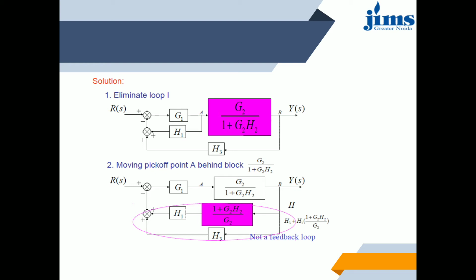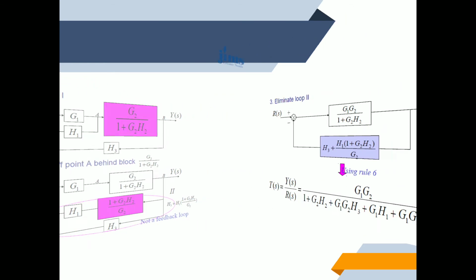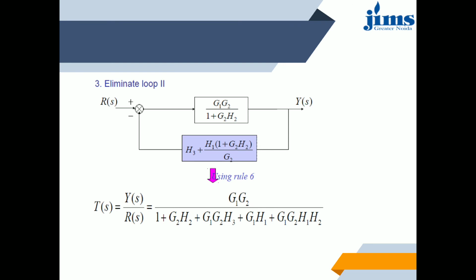When we eliminate this second loop, we can see these two system gains are in cascade, so they'll get added. So the whole feedback will become H3 plus H1 into 1 plus G2 into H2 divided by G2. Next we are having again this closed loop with this as your feedback.